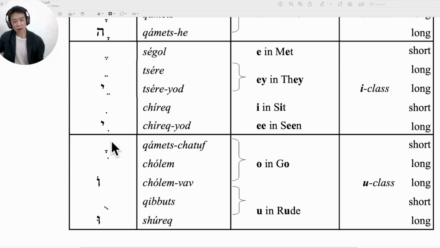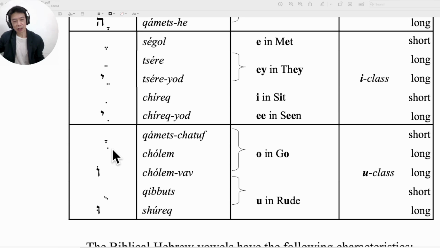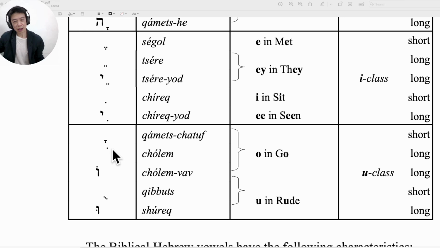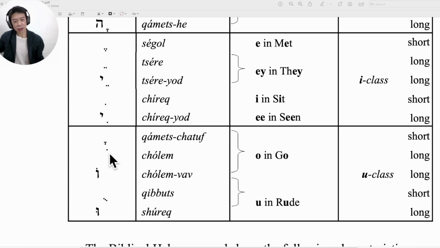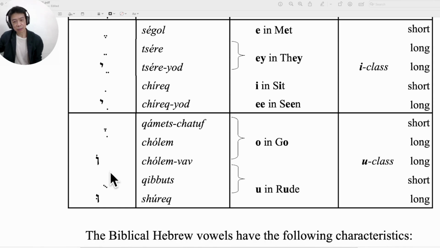It's a long vowel. The next one that looks like this is called kametz hataf. It's pronounced as an O, as in go. The next one that looks like a dot is called holem. It's also pronounced like an O. This one that looks like a holem vav is also pronounced as an O sound.